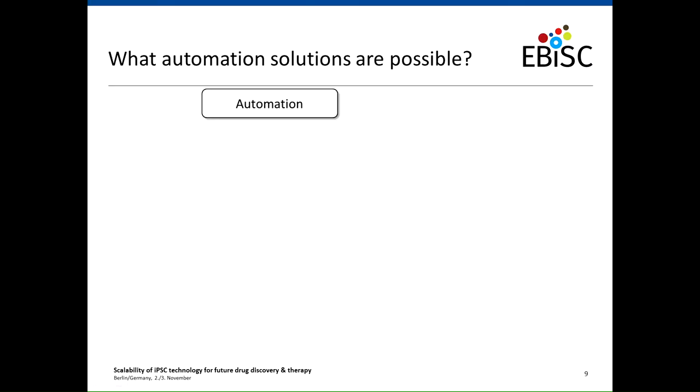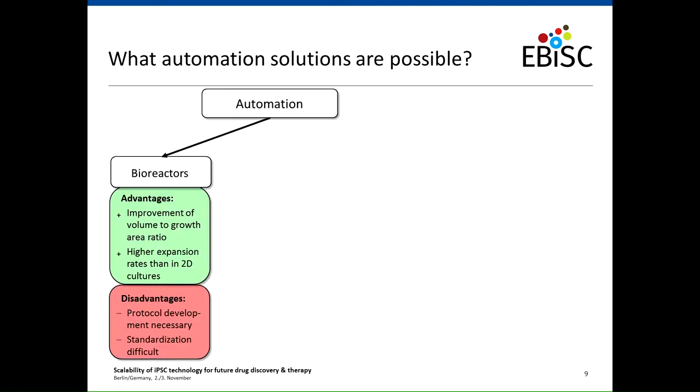If you're now talking about automation, what automation solutions do we have at all? We have the possibility to use bioreactors for the expansion of cells. Here the advantages are that we have a very good volume to growth area ratio, and usually the expansion rates are higher than in 2D.